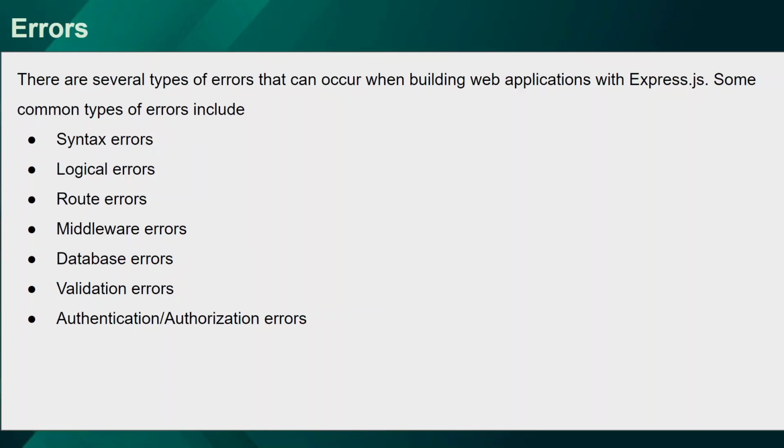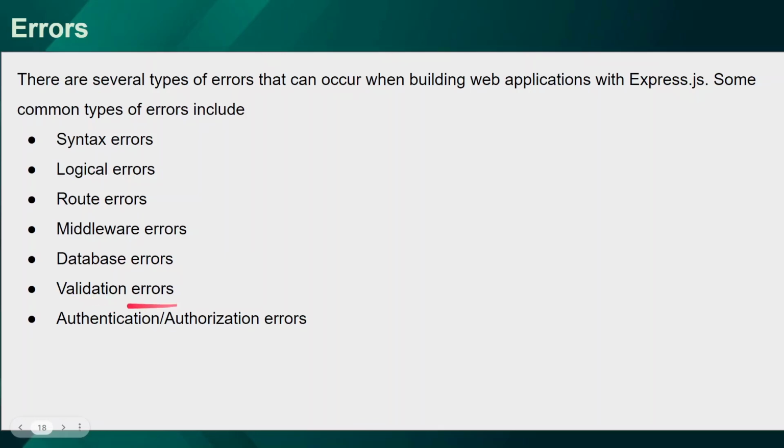Such an error is a validation error. So obviously in most applications we have these sort of errors. These errors may typically not cause problems in the execution of our application, but they may cause errors from the user's perspective, right?